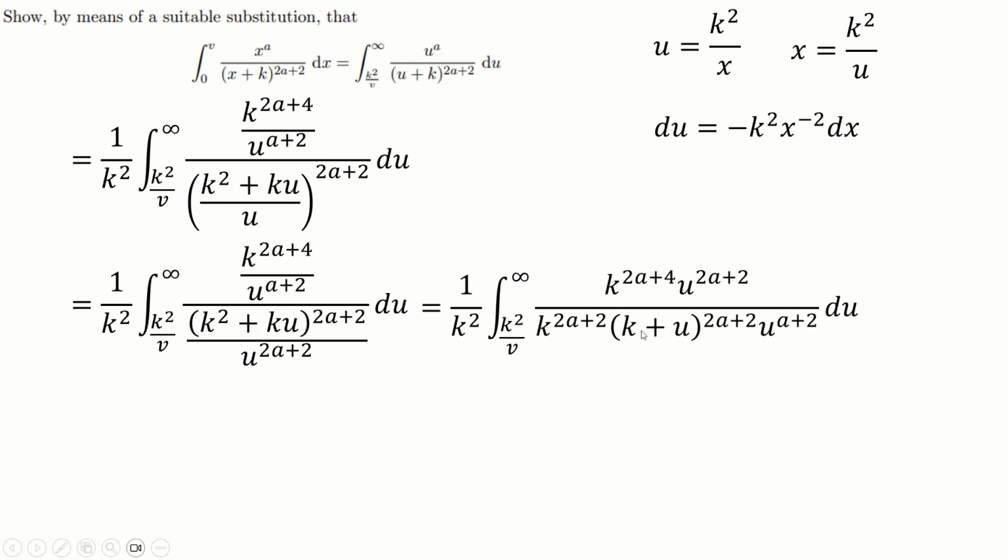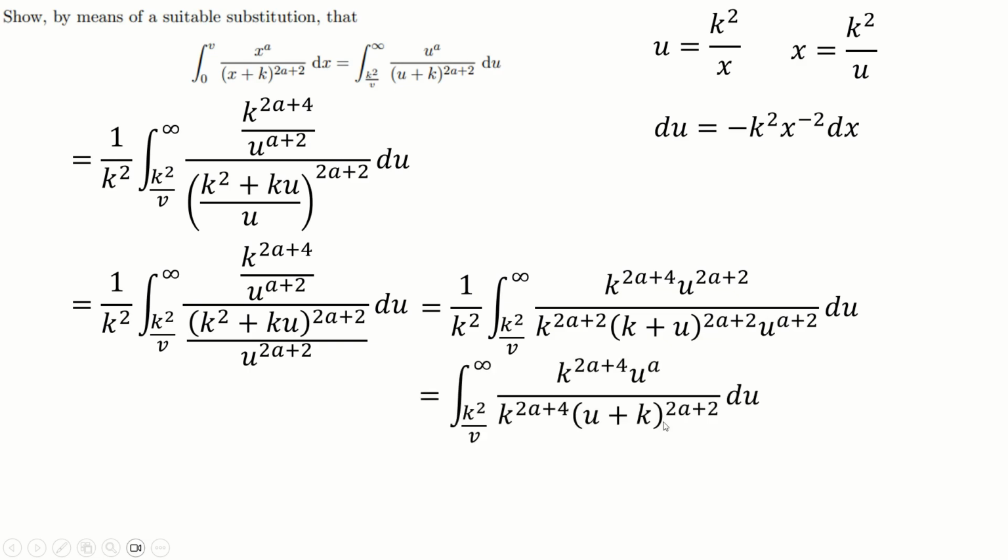And sorry, I should also say from here to here, I factorized out k from all 2a plus 2 amount of these brackets here to make all of them there, and then replaced from there, which means these now will cancel. And of course, there's a bit of cancelling here with the u's as well, and we pretty much get to our answer as requested from there. So that's all good.